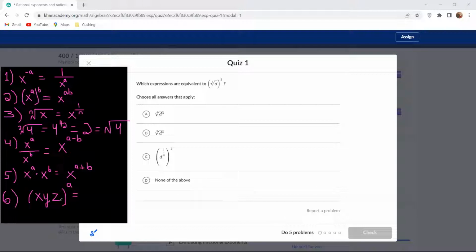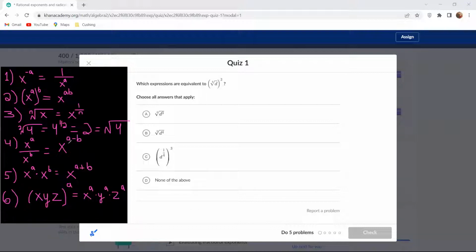You can only do this when things are multiplied or divided like this, not when things are added or subtracted. So x times y times z, all raised to the a power, is the same as x to the a times y to the a times z to the a. You can raise all the individual pieces to an exponent.